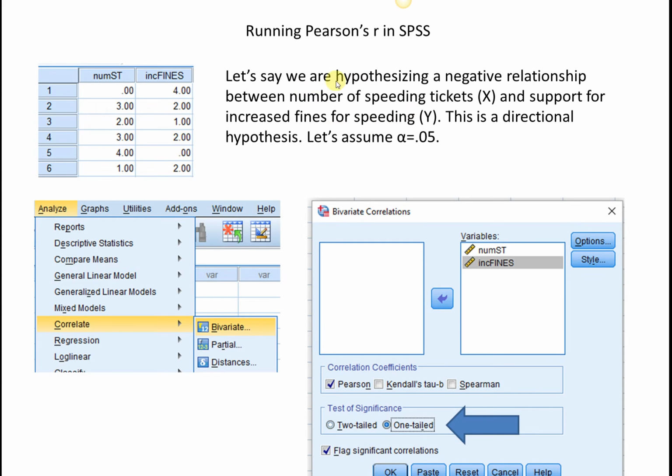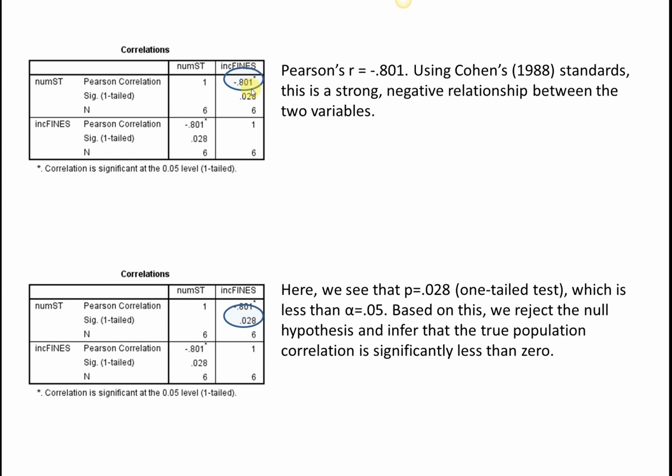So let's say we're hypothesizing a negative relationship between number of speeding tickets and support for increased fines. In this case, again, we're running Pearson's correlation, but because we're specifying a negative relationship, then we have a directional hypothesis which would imply a one-tailed test. So we click on that and click on OK, and so here's the negative relationship.